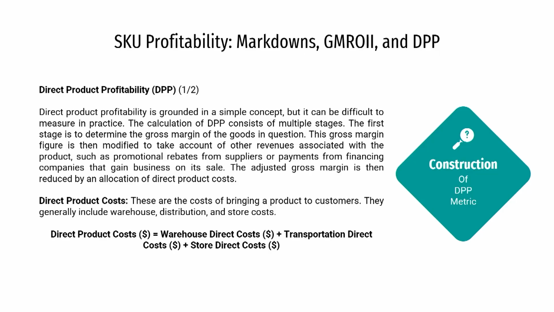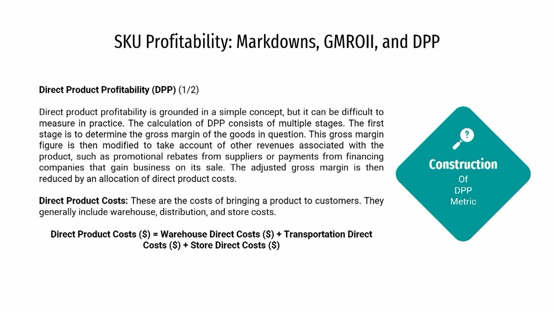That incentive will also be taken into consideration when calculating direct product profitability, right. These incentives can come in terms of, let us say, promotional rebates from the suppliers, or in the form of payments from the financing companies that gain business on its sale. So, let us say credit card companies.